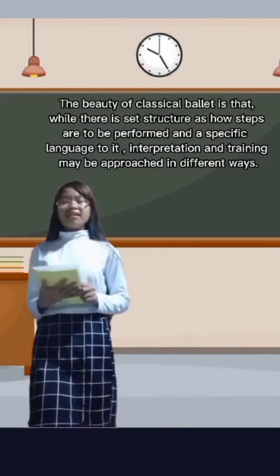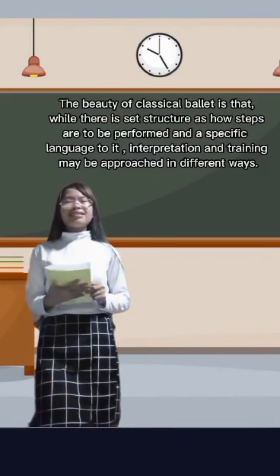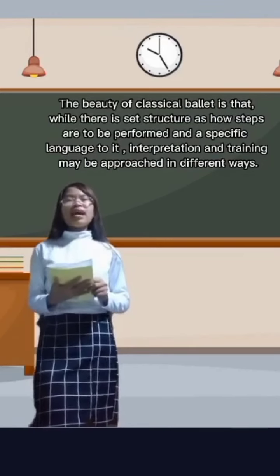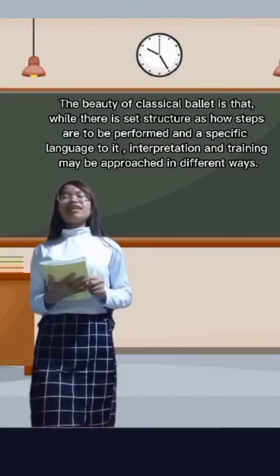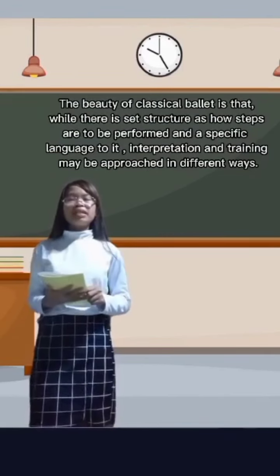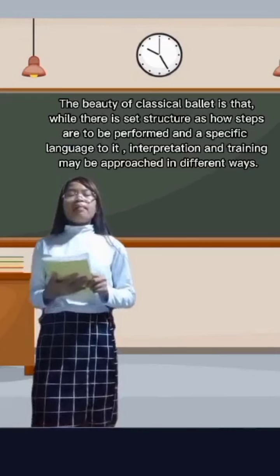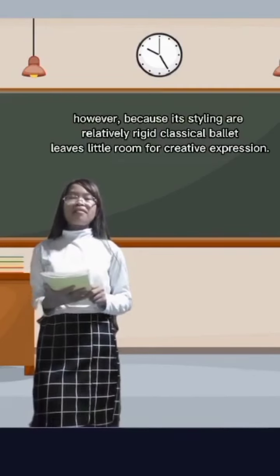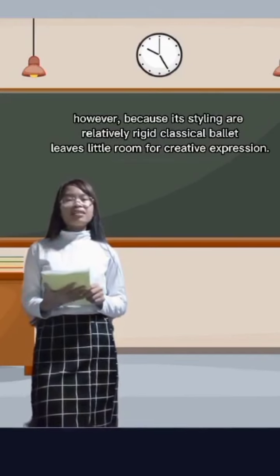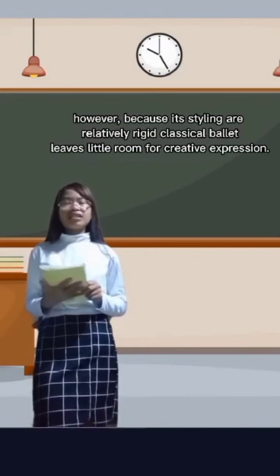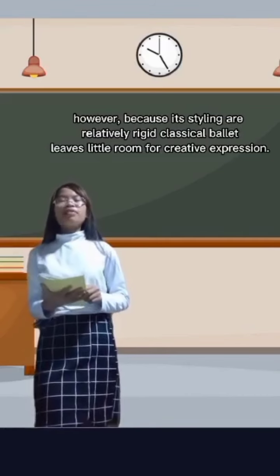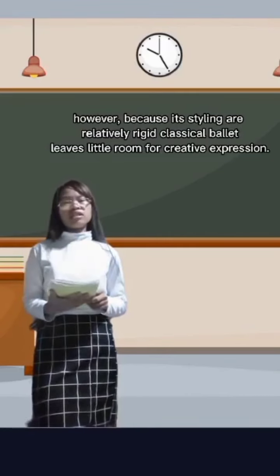The beauty of classical ballet is that while there is a set structure as to how steps are to be performed and a specific language to it, interpretation and training may be approached in different ways. However, because its stylings are relatively rigid, classical ballet leaves little room for creative expression.